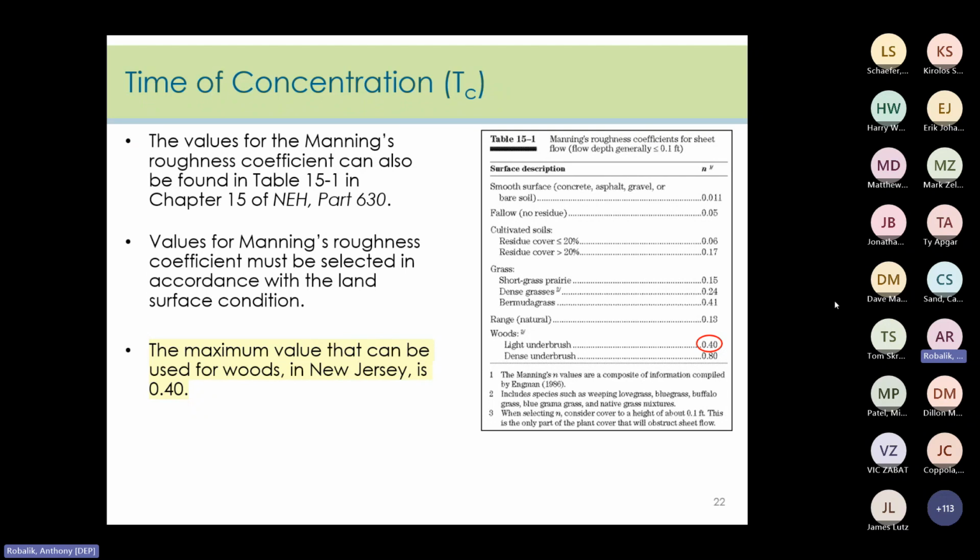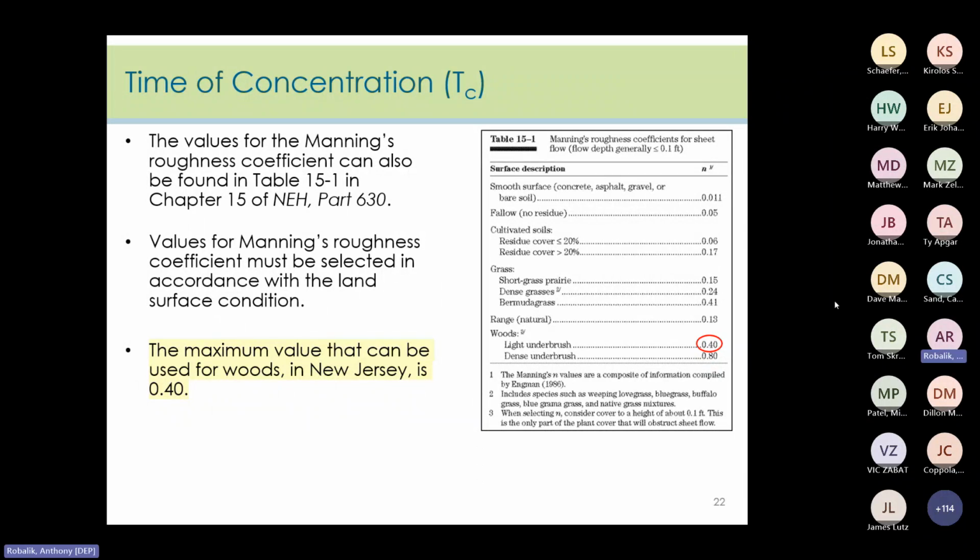And there are different tables for each energy state of flow. So the roughness coefficients for sheet flow are organized from smooth to rough. So if, for example, a site has dense grasses, we would use a Manning's N value of 0.24. And that's for calculating the travel time for sheet flow.